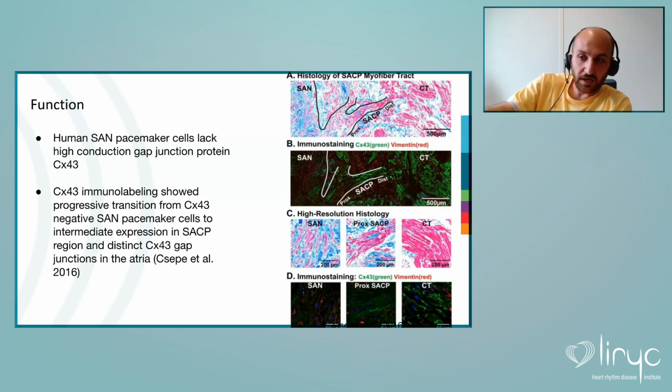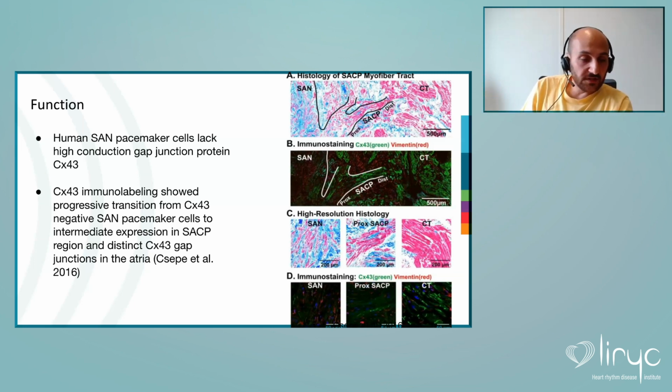In this way, another way of helping the function of the SA node is the gap junction protein connexin 43 in the SA node. Actually, you cannot find that much connexin 43 there. And in the atria, there is a lot of connexin 43. And as these guys tell, the SACPs, the conduction pathways, are again something intermediate between these.